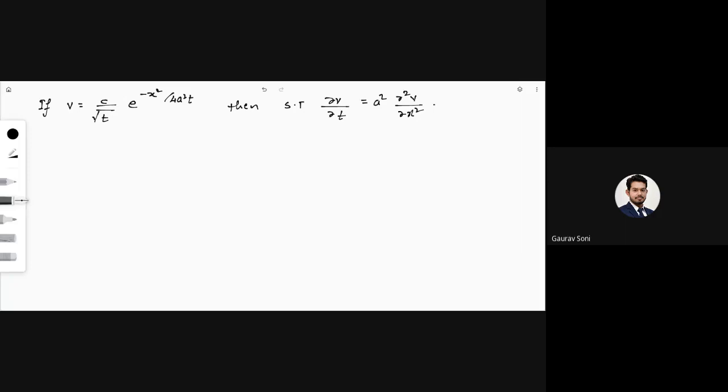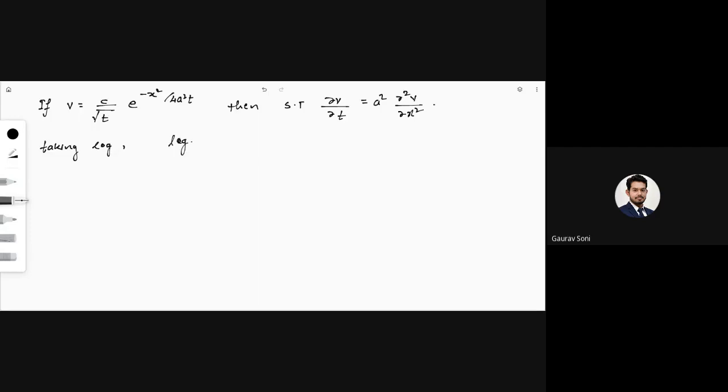By taking log of v. Hmm, so we have seen this where there are variables in the power, and to make this equation simpler we take log. The derivatives of this will become very easy, taking log.